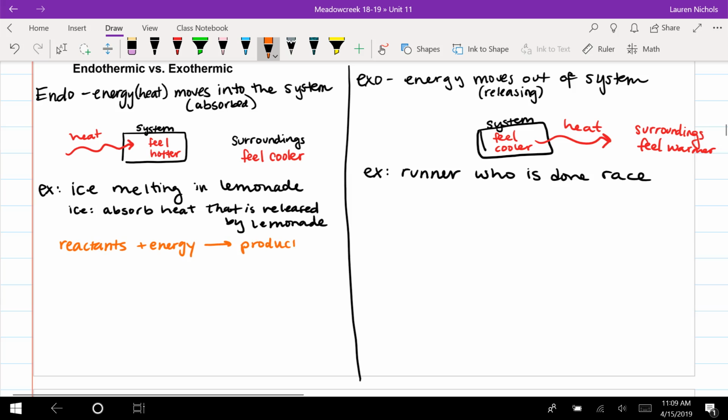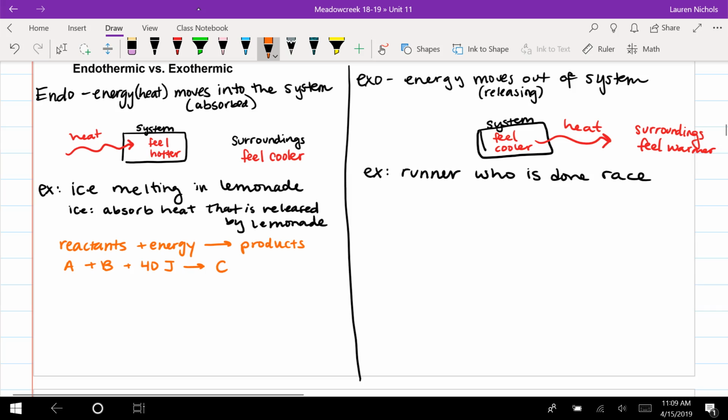This means heat is required in the reaction. So our reactants could be A plus B plus 40 joules of energy produces C. That could be our reaction. The key thing is knowing that energy is a reactant.